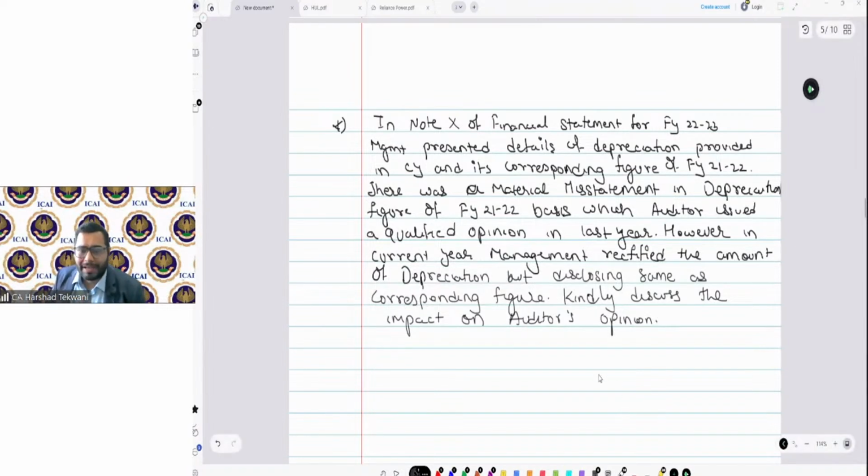So let's say for example in current year they have rectified the amount of depreciation and they have disclosed it before disclosing the same as the corresponding figure. So what will be the impact on my auditor's opinion?